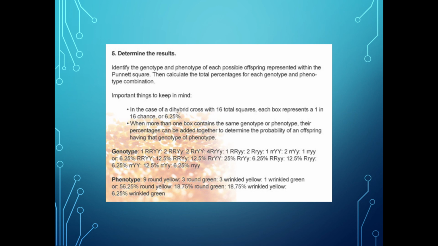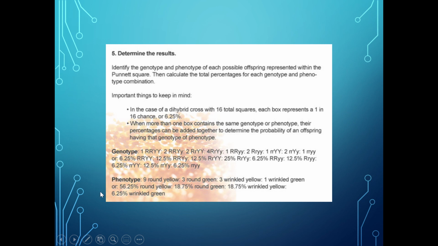Okay, so let's analyze the genotype right over here. As you can notice, there are a lot of different combinations. All of the combinations that we have in number 1, like 2 capital R's and 2 capital Y's, 2 capital R's, 1 capital Y, and 1 lowercase y, after making an average, will get us a 6.25% of being present in the offspring.